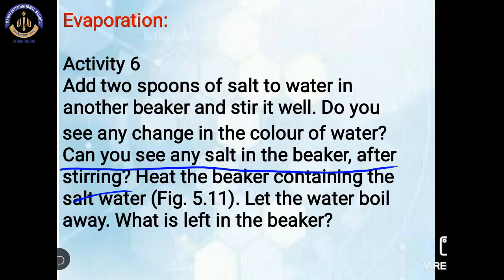How is the salt completely mixed in the beaker? Because when we add the salt, the water is a liquid, and the atoms and particles of the liquid have space between each and every particle. So there is some space between two particles.